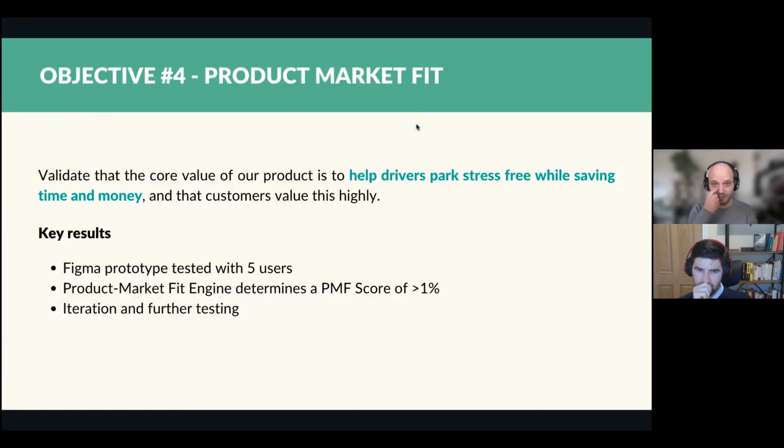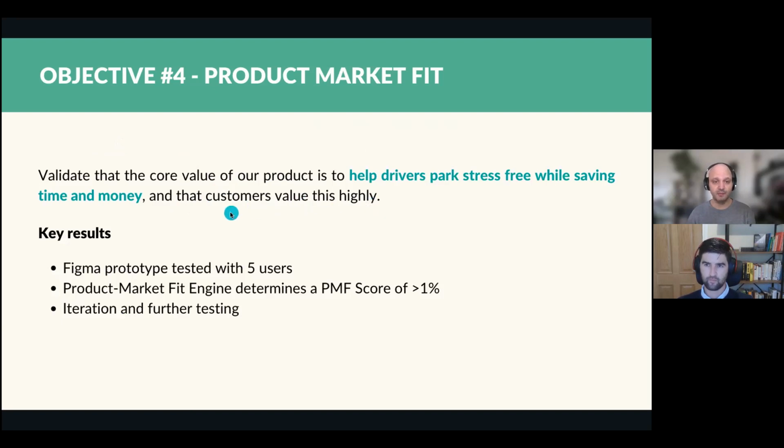The last objective was to create a product market fit. This was about validating that the core value of the product is to help drivers park stress-free while saving time and money, but really, do customers value this, and would they actually pay for it?